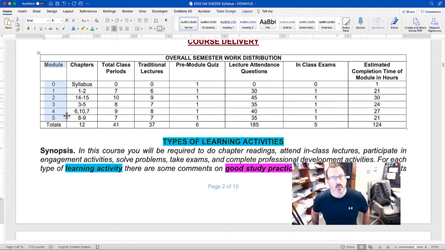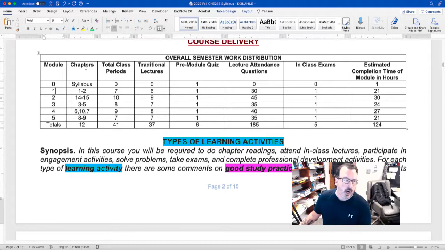Module 0 is in regards to the syllabus. So we're going through the syllabus now. You should also print this syllabus out so you have a hard copy. Then there's 5 actual modules regarding the content of the course. So 4 of those modules will have unit exams, and then the 5th module, that will be your final exam, which is cumulative for the entire semester.